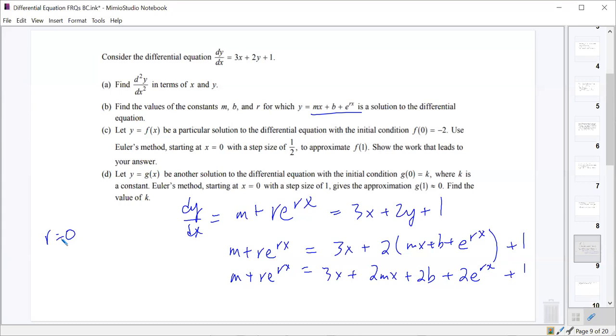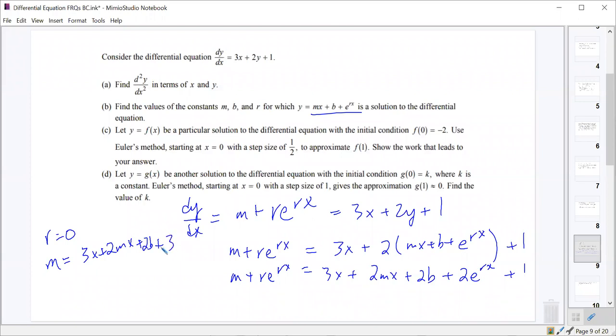So if r equals 0, we should end up with m equals 3x plus 2mx plus 2b plus 2 plus 1, so plus 3.